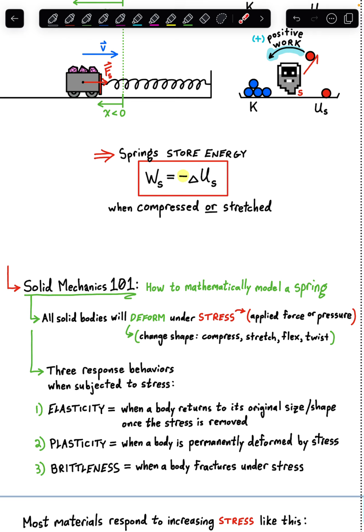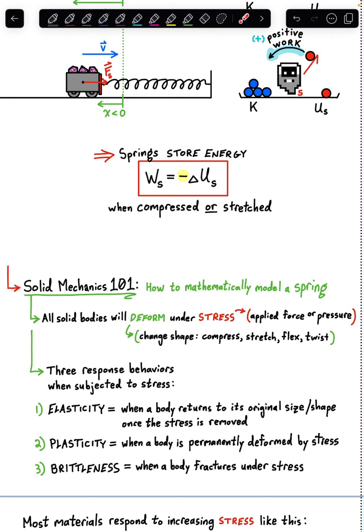So think of taking a paper clip and bending it so much that it stays bent. When a bent thing stays bent, that's plasticity. It's behaving in a plastic manner. It's not rebounding. It's remaining permanently deformed by the stress. Then there's brittleness, and that's when a body fractures under stress, when it is deformed to such an extent that it breaks or cracks.